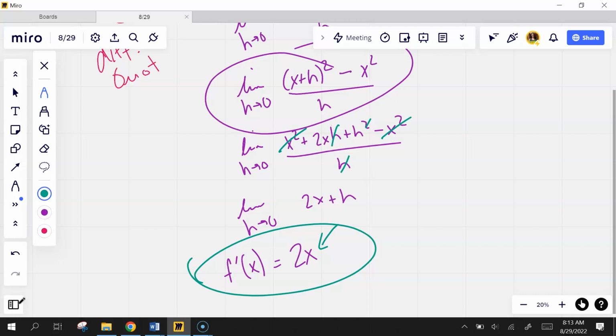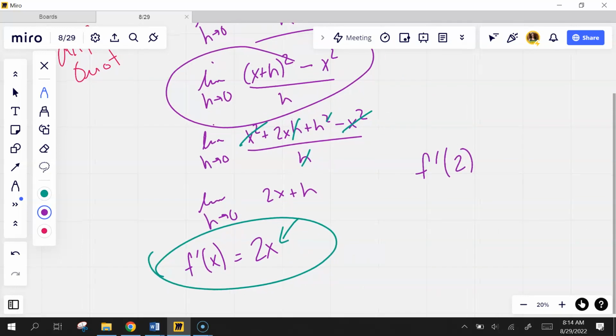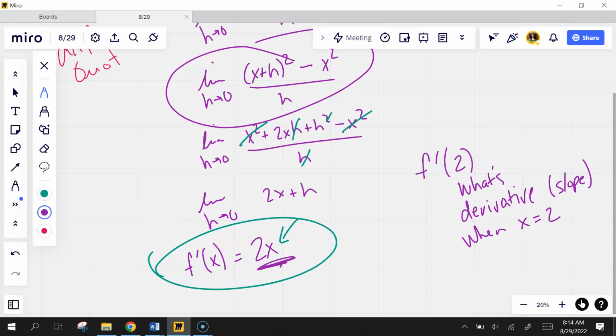So this says, what's the derivative, which means slope of the tangent line, when x equals 2. By finding this general equation, I could just plug 2 in there.